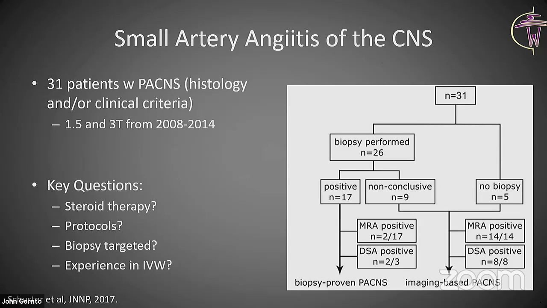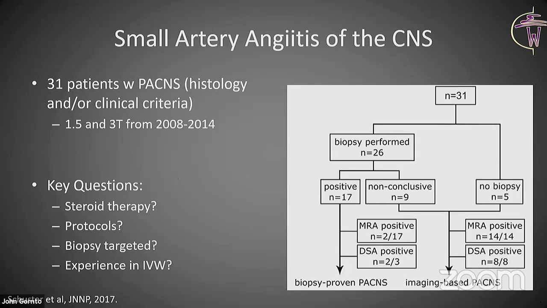questions for their study. As we mentioned earlier, with steroid therapy, small artery vasculitis is more likely to melt away and disappear on imaging, mainly because what you're looking for is the perivascular inflammation, not the wall inflammation, and that's going to go away a lot quicker with therapy. So if these patients had been on steroids empirically before that imaging, that really limits the ability to detect disease. What were their protocols? They don't mention them.